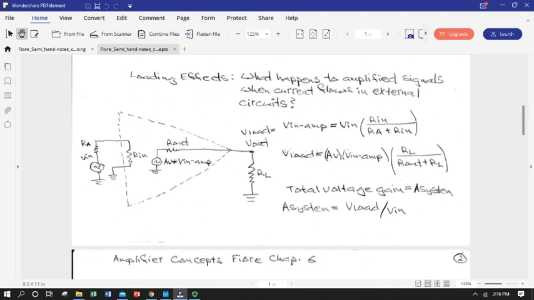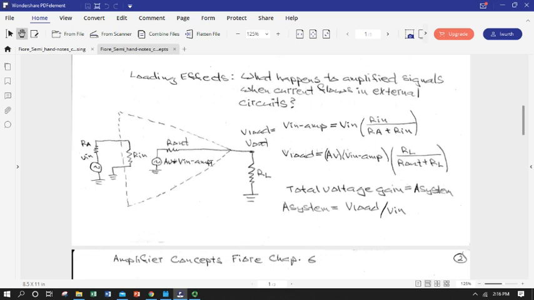It's going to be a reduced portion of that, dictated by the ratio of our input impedance to whatever that resistance was associated with our actual applied signal. So what we actually see on the input side of the amplifier, that we're going to apply the theoretical gain to, isn't Vin, it's Vin at the amplifier.